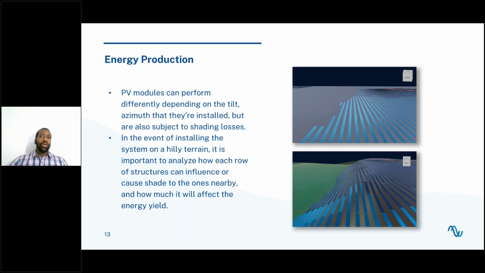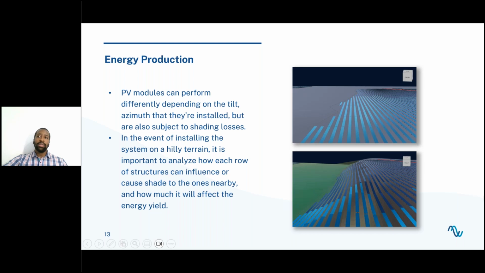And finally, regarding the energy production. PV modules can perform differently depending on the tilt and azimuth at which they are installed, but they are also subject to shading losses in the event of installing those types of systems here. In this case, we are referring to the terrain and its implications on the row-to-row shading.